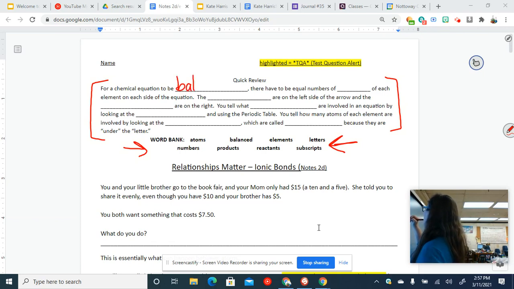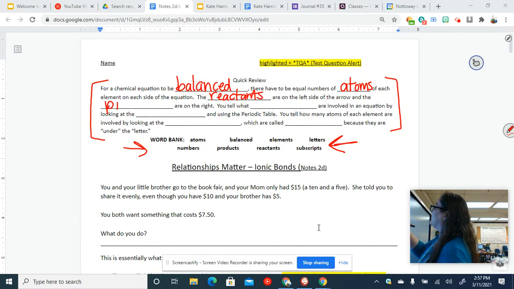For a chemical equation to be balanced, there have to be equal numbers of atoms of each element on each side of the equation. The reactants are on the left, and the products are on the right.